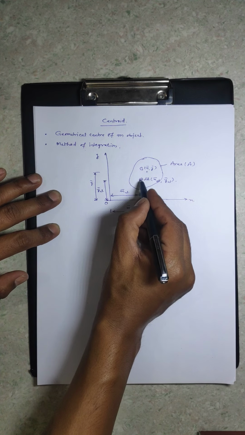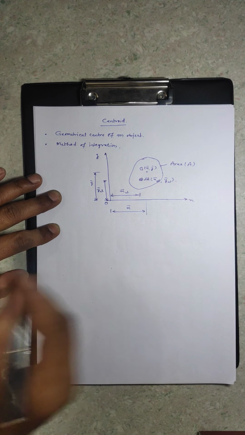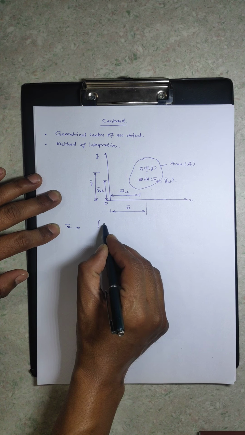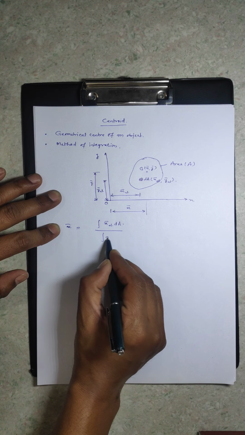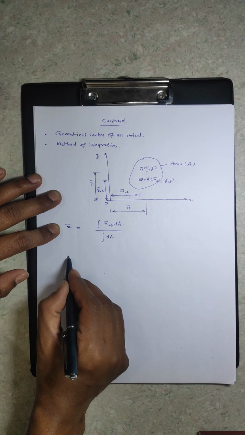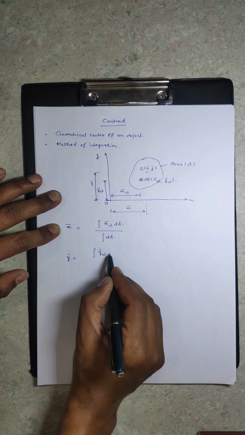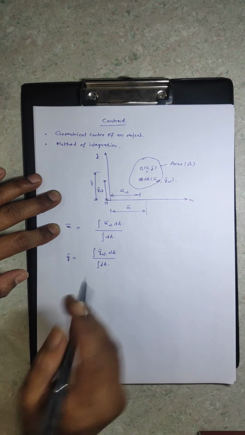By writing the moment of area about the x axis and y axis, we get x bar as integration of x bar elemental dA over integration of dA, and y bar as integration of y bar elemental dA over integration of dA.